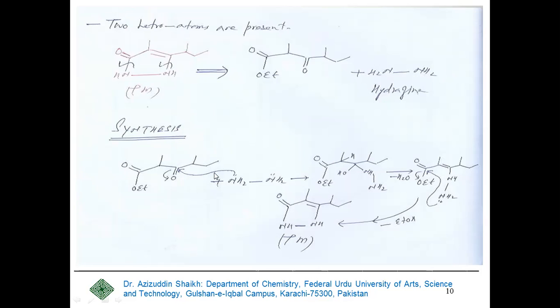In synthesis, hydrazine reacts with this carbon and as a result OH is formed, and in the next step removal of a water molecule, a double bond will be obtained. The nitrogen lone pair attacks this carbon, and the ethoxy group is a good leaving group. So ethyl alcohol will be removed and we will obtain our target molecule.